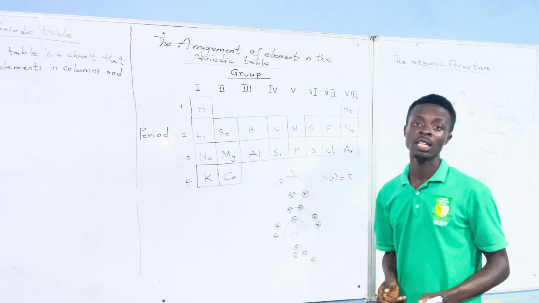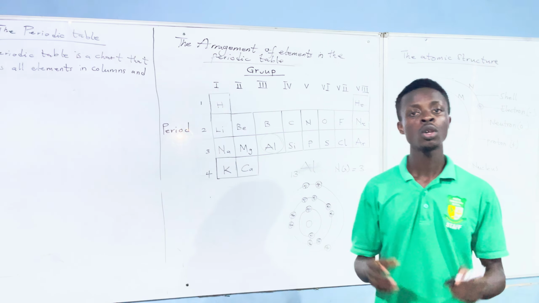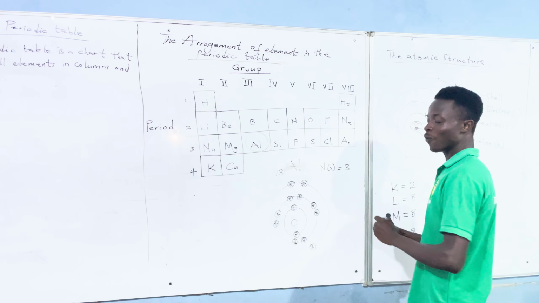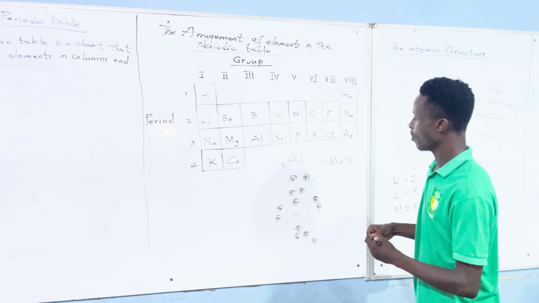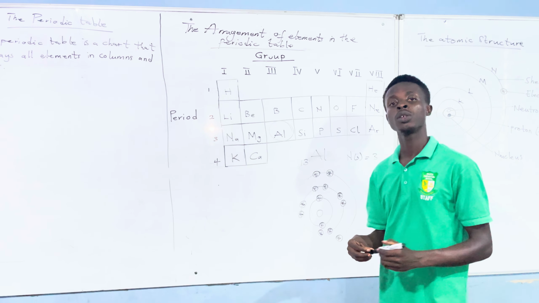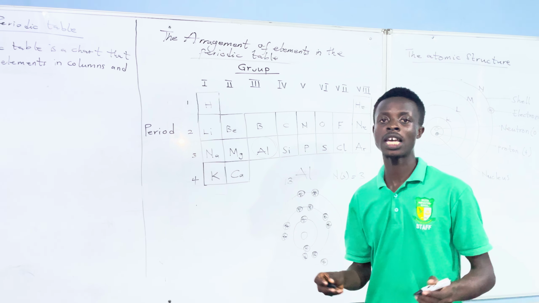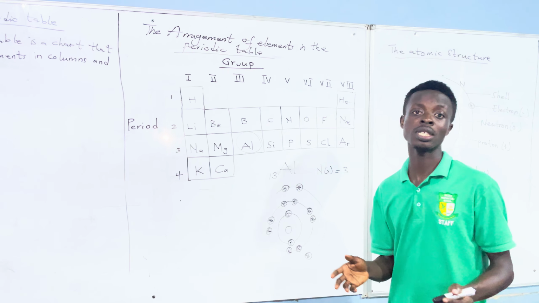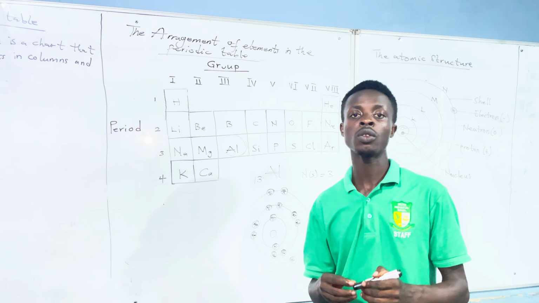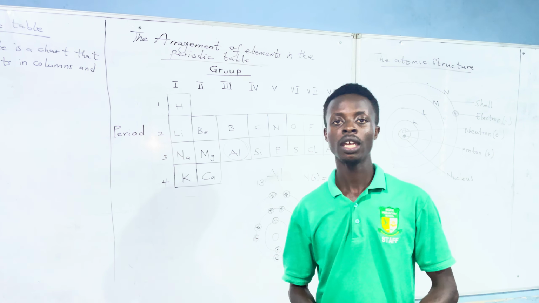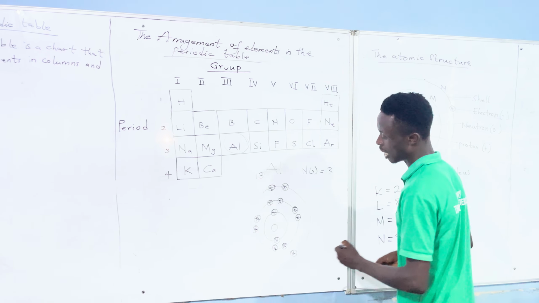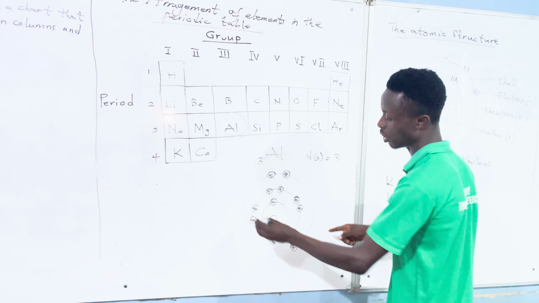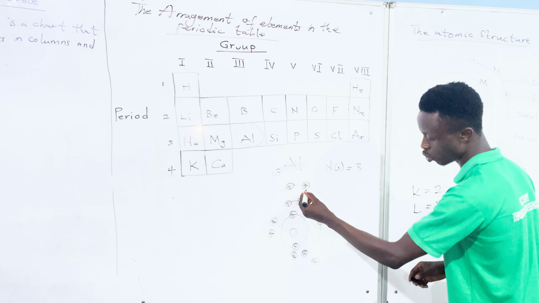The next one, let's use the electronic configuration to find its group. To find the group of an element using its electronic configuration, we are going to use the valency electrons. The valency electrons are the electrons that are found on the outermost shell of the element. So let's look at the outermost shell. This is the outermost shell. How many electrons are located on it? We have 1, 2, 3.